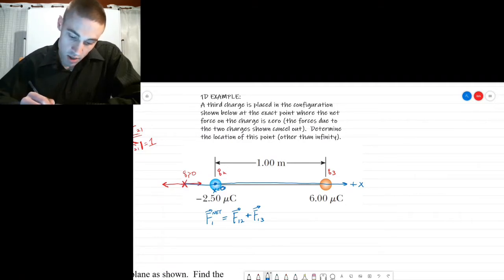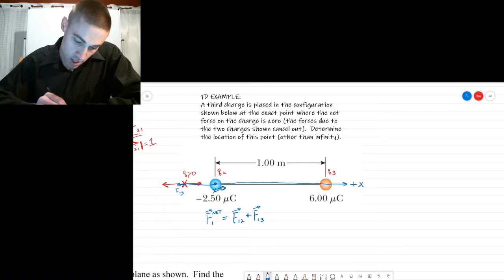We know that F12 is going to be in the positive x direction. We know that F13 is going to be in the negative x direction, right? F13 is going off that way, and F12 will go in this direction there.